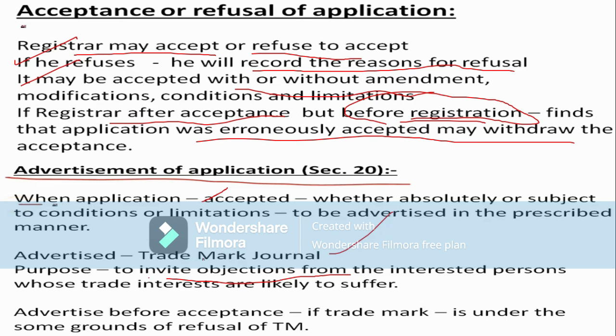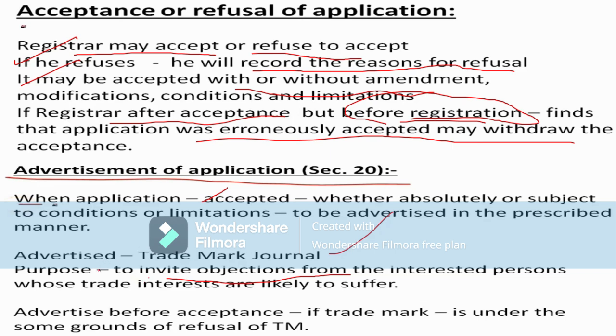So whenever a trademark application is posted, if any third party has any objections regarding the trademark, for example, a third party named A may object to my trademark, saying that it is similar to his trademark, and he may file an objection.